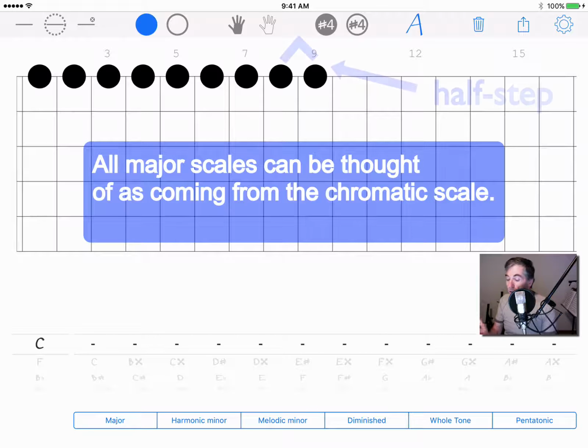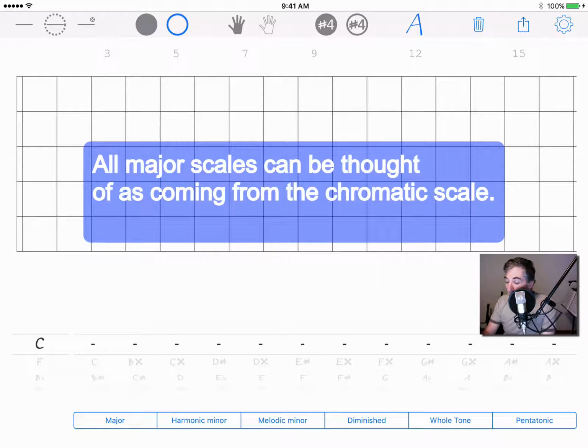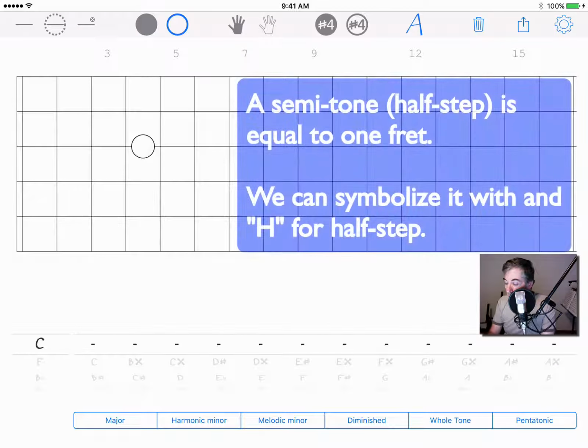They're all what we call a half step apart or semitone step apart, which means if I move from, let's say from here, that's my first note, and I go one step or one fret, that would equal one half step or one semitone.